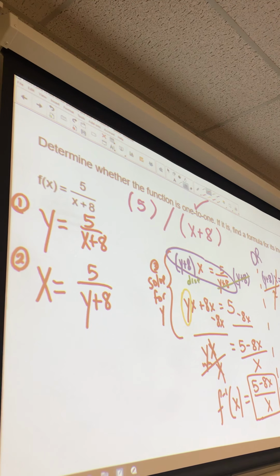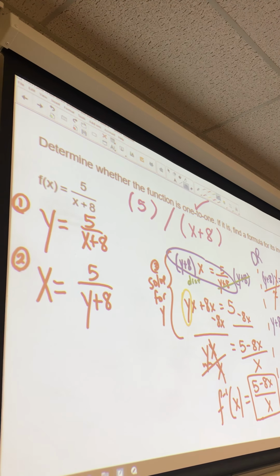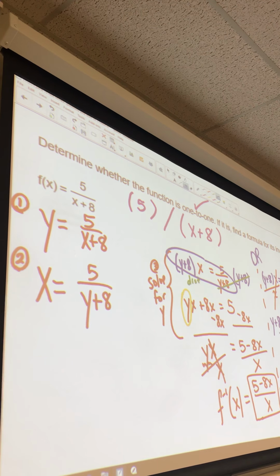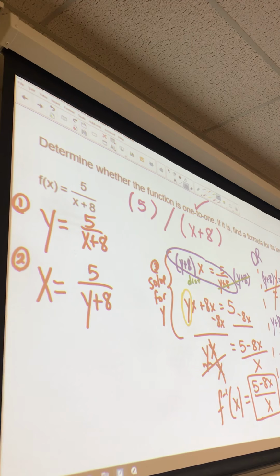Those would have canceled, and now it would have left the y plus 8 equals the 5 over x. And then we would just subtract that, right, to get the y by itself. And so that would also be our inverse function.